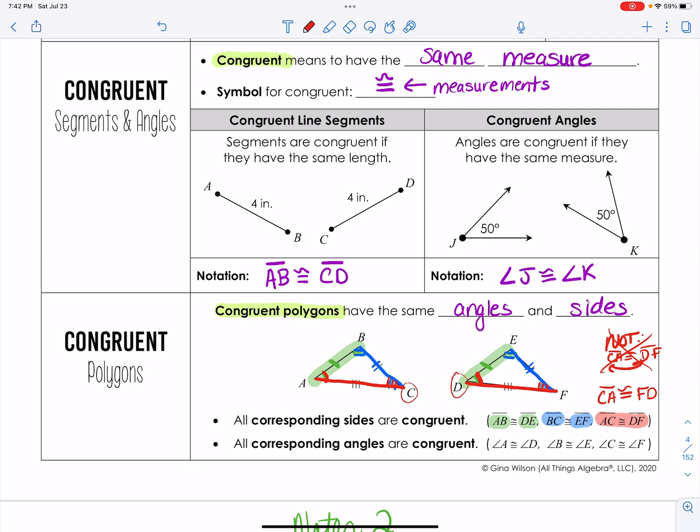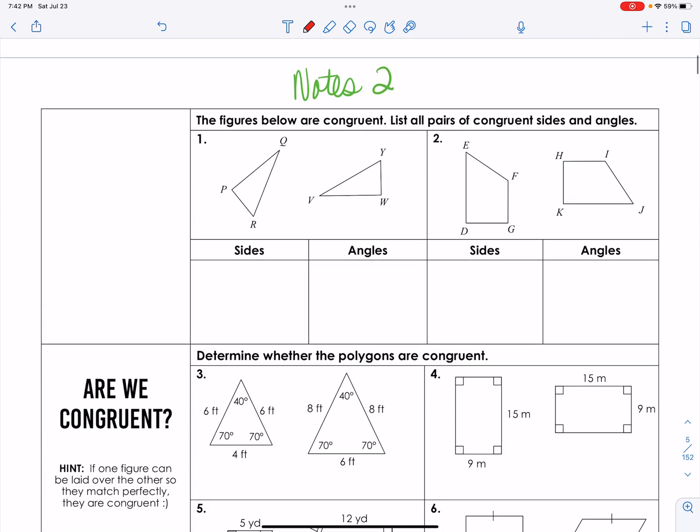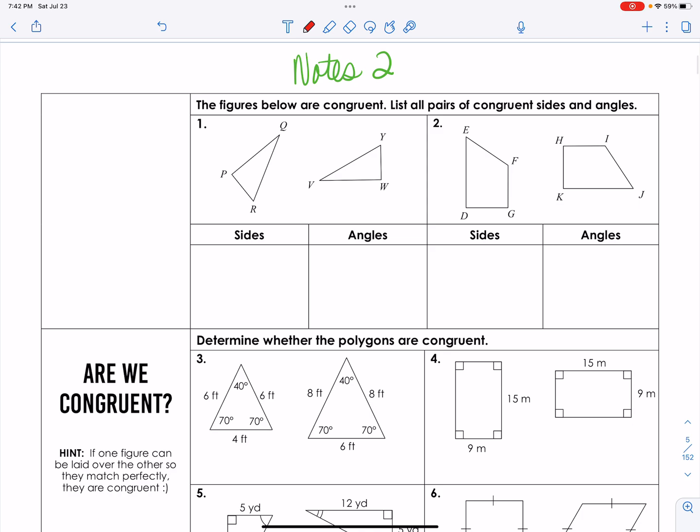All right, so if we look at this using these congruent statements, list the congruent sides. I wish they would have given you more, like if we measured it, but I can really tell this is the shorter side, so they're saying they're congruent. So I'm going to put 1 line there.